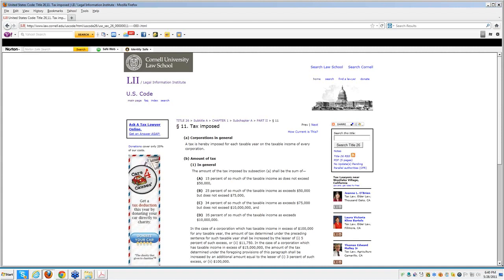Well, this is where everybody's filing the wrong returns. You have on the estate side a $5 million unified tax credit or exclusion. It was $3,500,000.